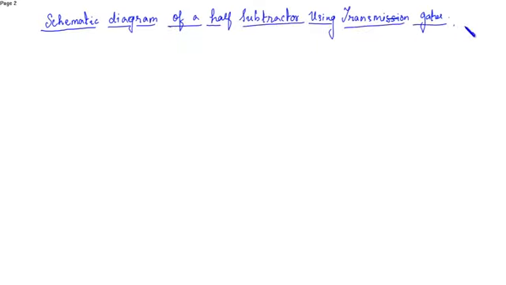Using transmission gates. We know very well that there are two inputs and two outputs.